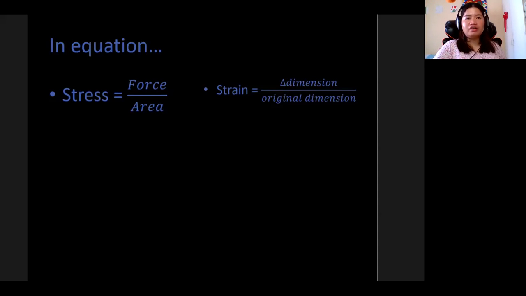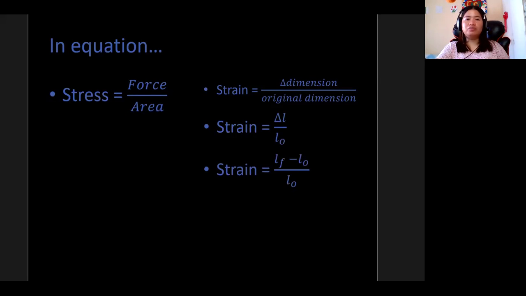So we can further classify, or divide, that into this equation. Okay, so strain is delta L over original L. The dimension can be represented by length, or it can also be represented by volume.